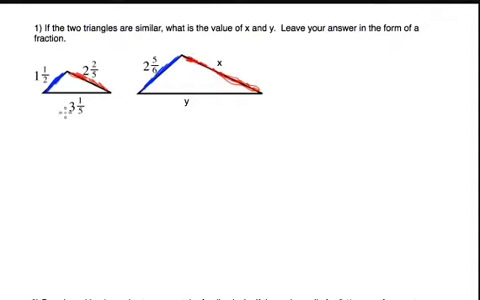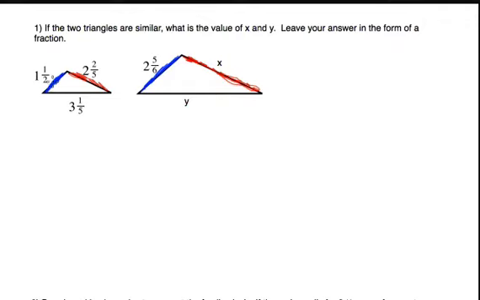And now I have to set up my proportion. I said all you have to do is compare similar features. There's actually more than two ways to do this, but I'll go through two.